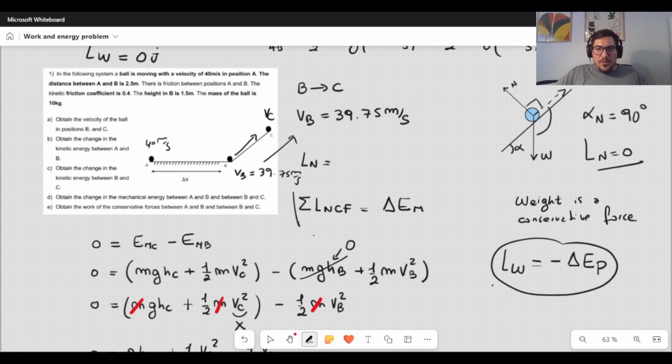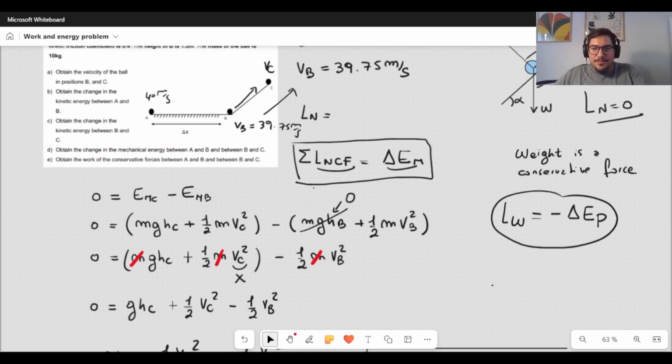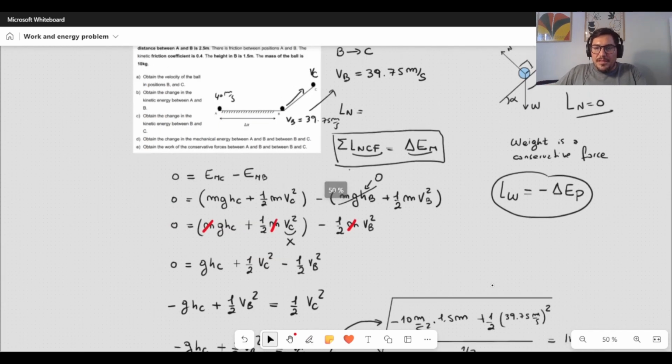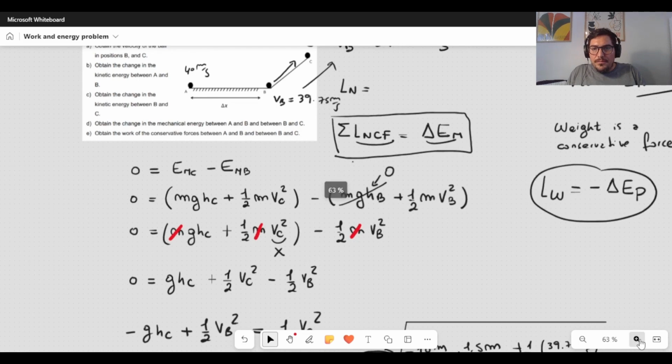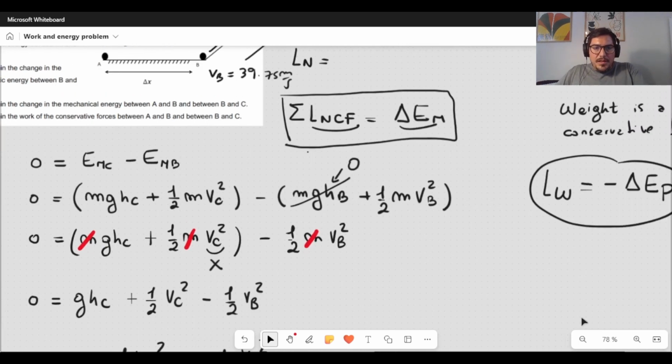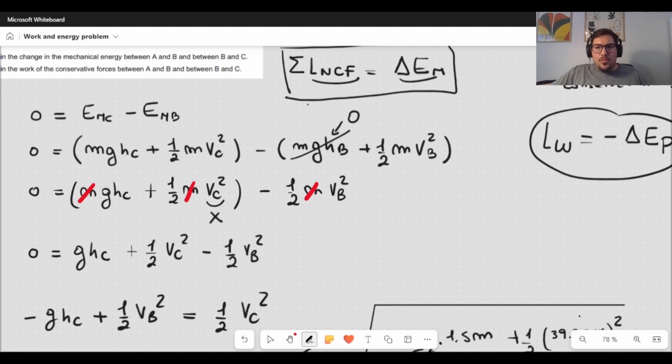That is this one: the sum of the works of the non-conservative forces is equal to the change in the mechanical energy. To solve this problem it is a little bit easier. In a minute you will see. Okay? Check this. If we apply the theorem, there are two forces acting on the object, the normal and the weight.